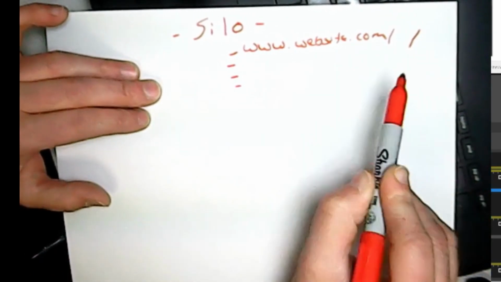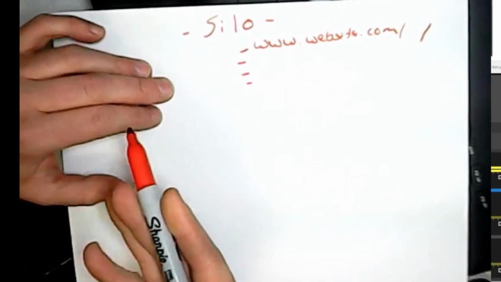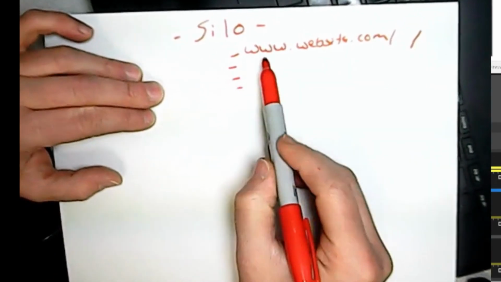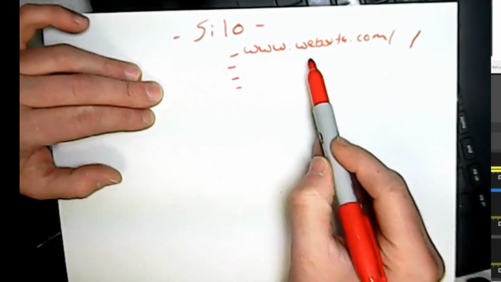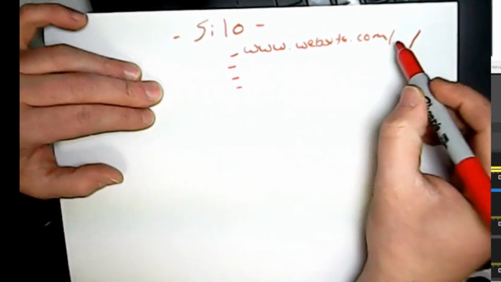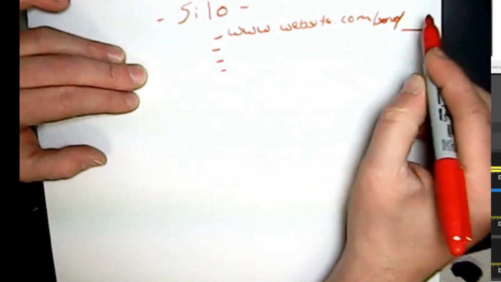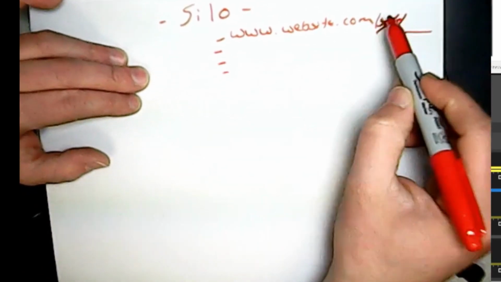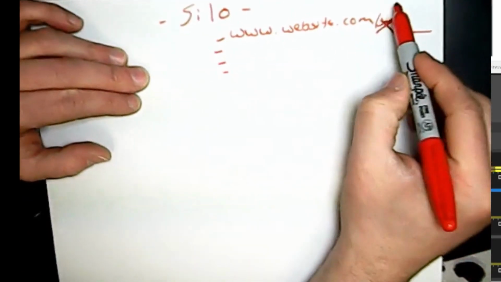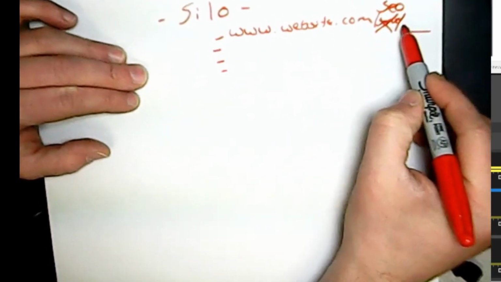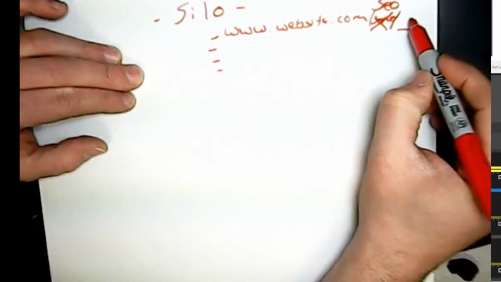Now, what I say before I get into the diagram is instead of having it this way, www.website.com, and using the placeholder as, say, services, and then having your service, scratch that. Let's say that you're an SEO company. We'll put the keyword here, SEO, and then we'll put our services.